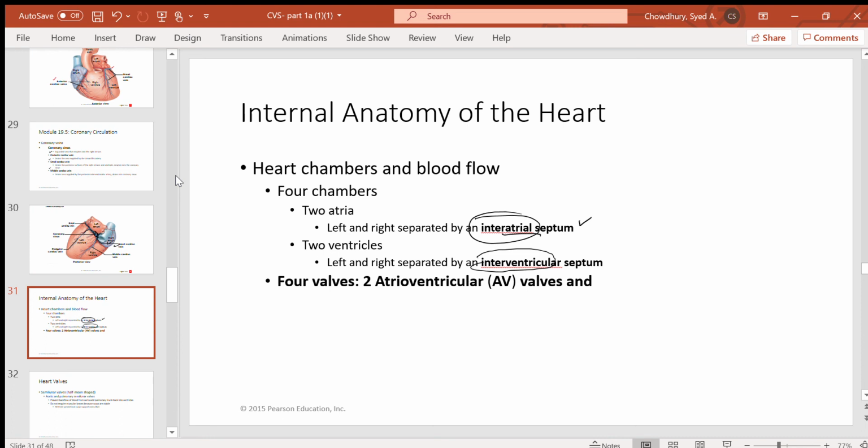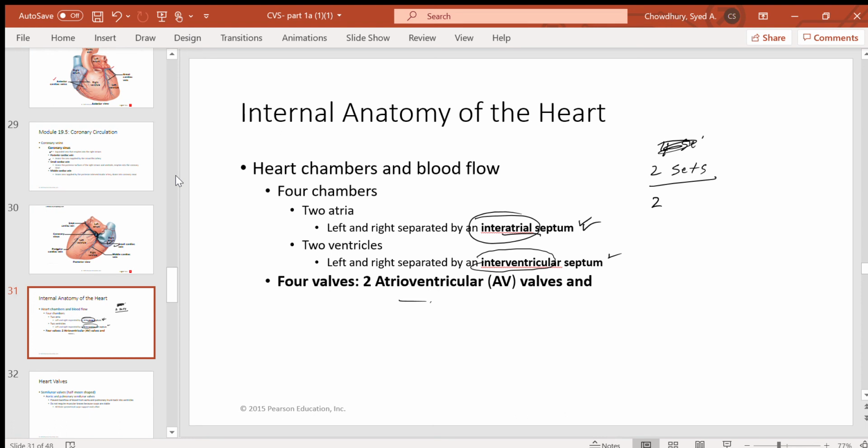Now, if you see inside the heart, you will be able to see those septum, and also you will be able to see the valves. There are 4 sets of valves, actually 2 sets of valves, 4 in number total. So each set has 2 valves.